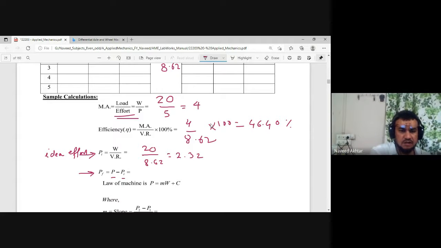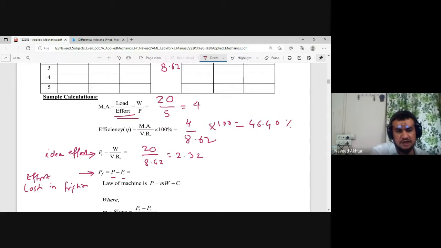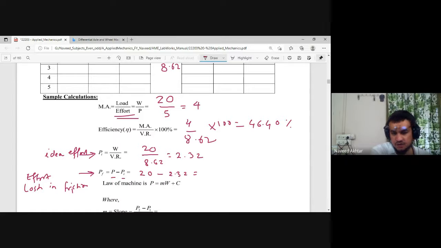Now the effort lost in friction can we find out. It is equal to P minus PI.